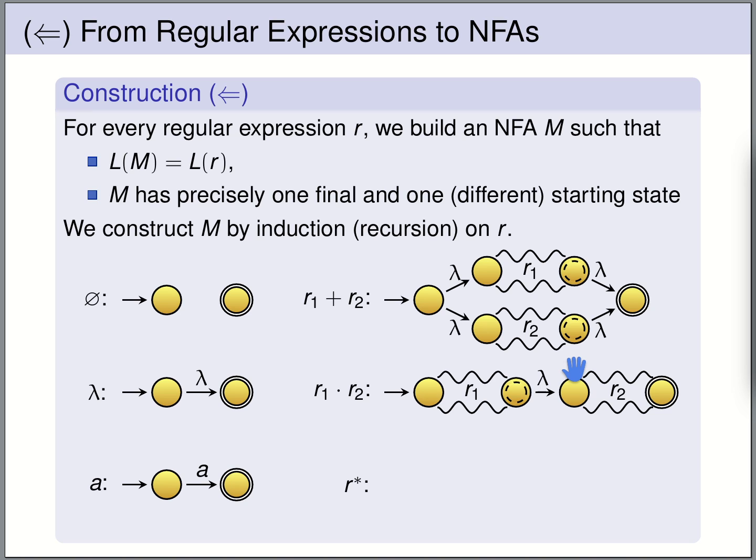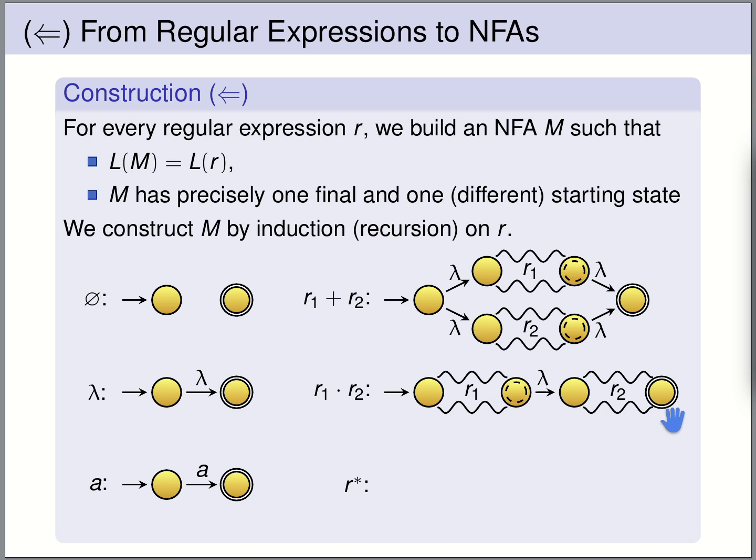So that means if we want to accept a word in this automaton, we start in the starting state of R1, then we have to read a word in the language of R1, we end in the old final state of R1, take a lambda transition to the starting state of R2, which is now no longer the starting state of the new automaton, we read the word of R2, and we end in the final state of the new automaton.